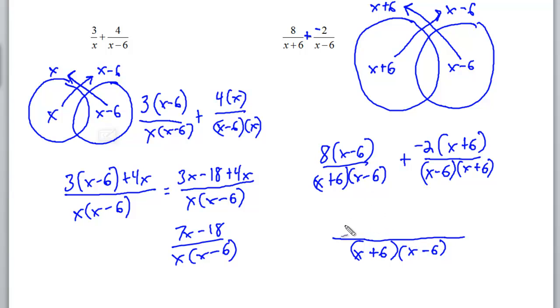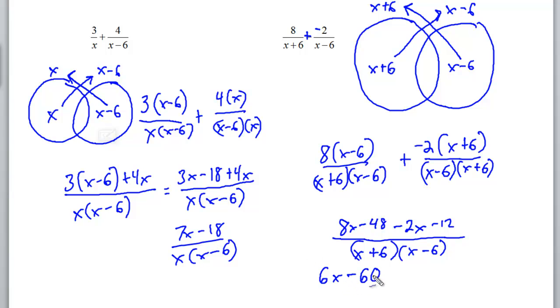So 8x minus 8 times 6, which is 48, minus 2x minus 12, and it's best to get that numerator as small as possible. So 8x minus 2x is 6x, and the negative 48 minus the 12 is going to be negative 60. Ooh, there might be something I can remove here.